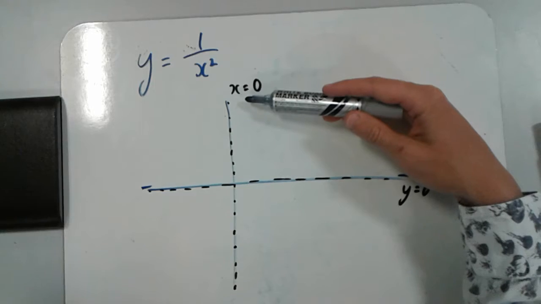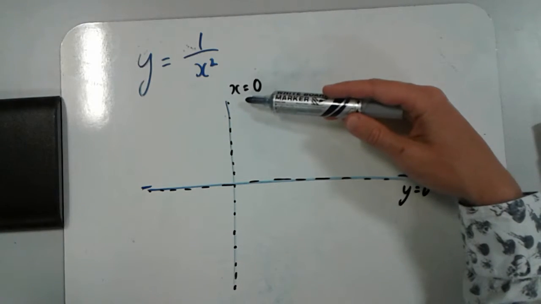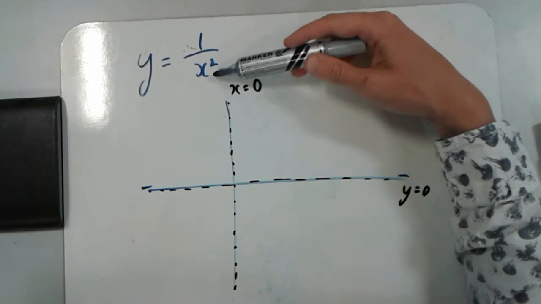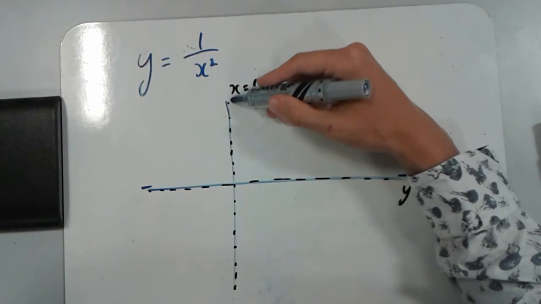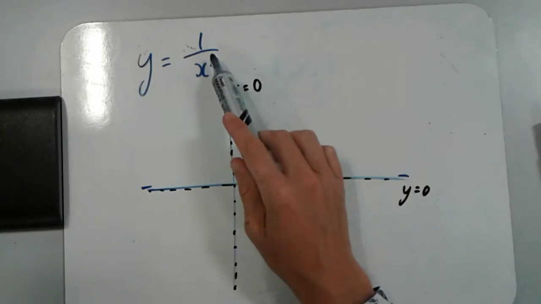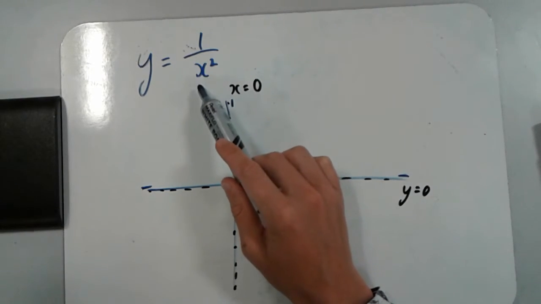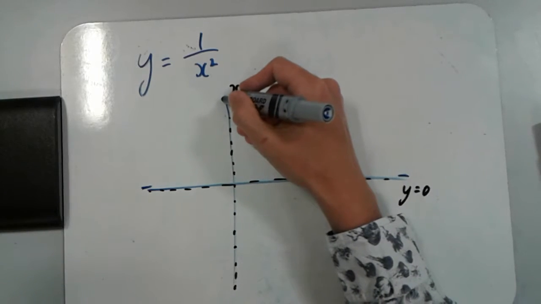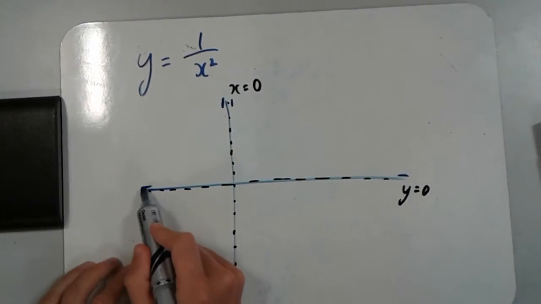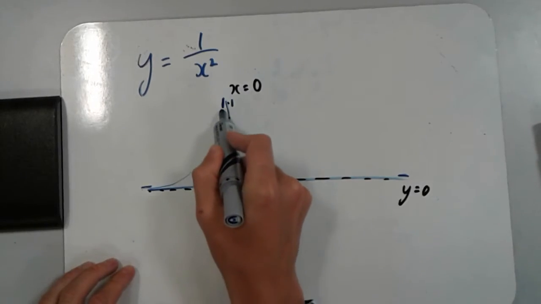What happens when I try to divide by a number very, very close to 0? 1 divided by a very small positive number squared will still be positive, but large. 1 divided by a very small negative number squared, remember negative things squared become positive again. And again, we're going to join up with a nice smooth curve.